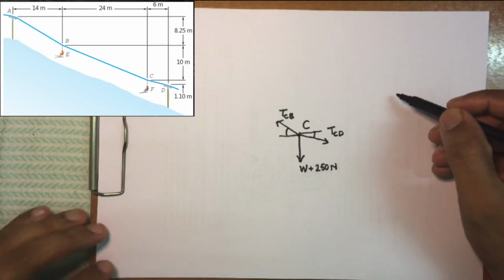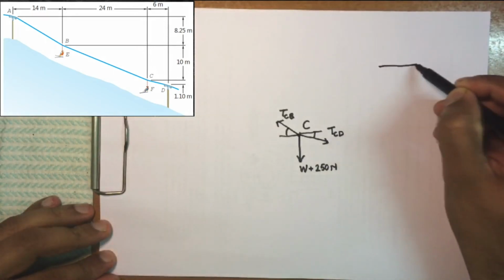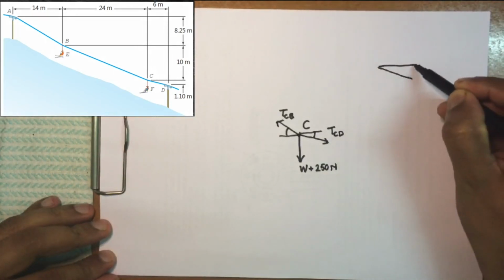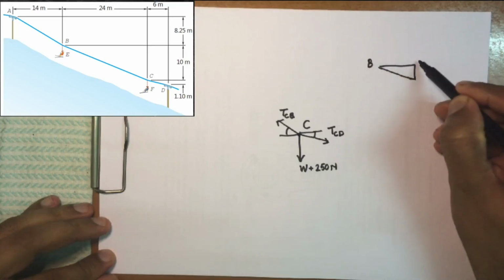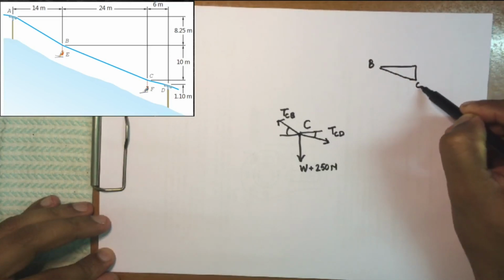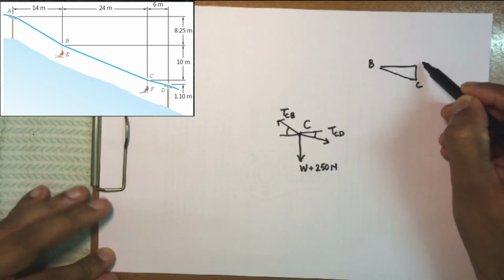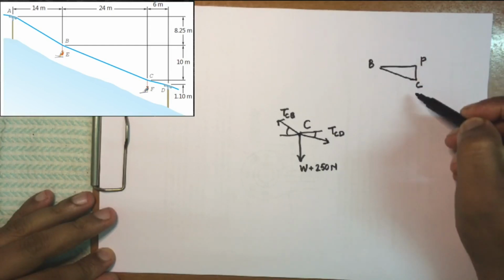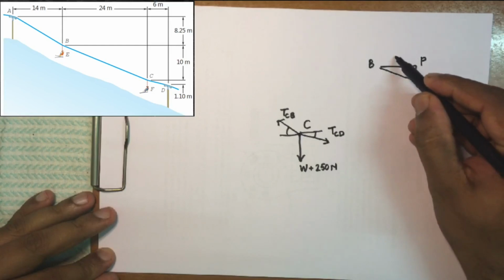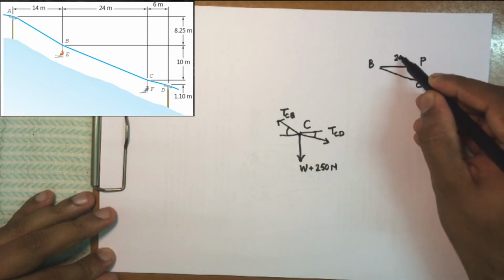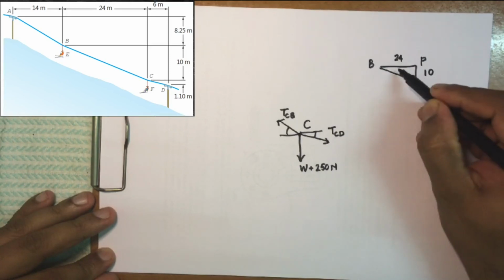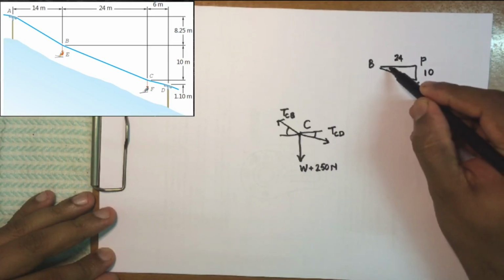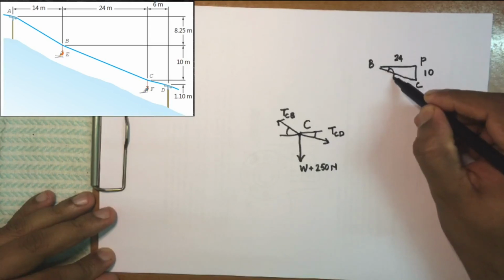So let us draw that triangle here. This point is B, this point is C, and let me name this point as P. Now this length is given to be 24 meters and this length is given to be 10 meters. So all I have to find is this angle here.